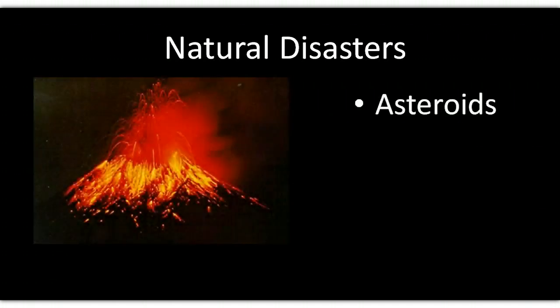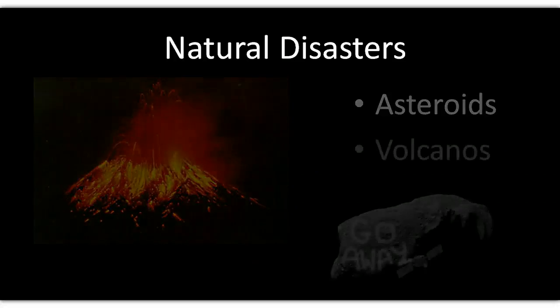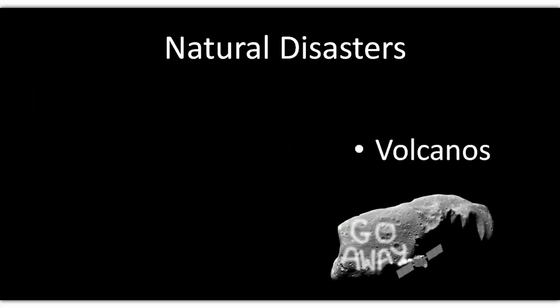So other things that can change the environment or change species, whether it's just eliminating some of the weaker ones or, on a large scale, more uniformly removing many. This is some of the things that we've seen historically that have wiped out many, many species and changed the dynamics of populations. We could have asteroids, volcanoes.